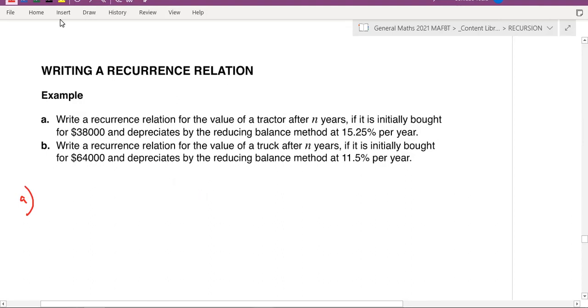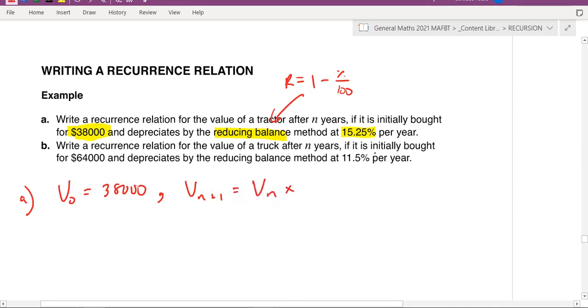Alright, so writing your recurrence relation, just make sure you're mindful of the V0 and also mindful of the percentage rate. Because this is reducing balance, that means you're going to use R equals 1 minus percentage over 100. V0, you know it's 38,000. And then Vn plus 1 is equal to Vn multiplied by R. Let's find that R value.